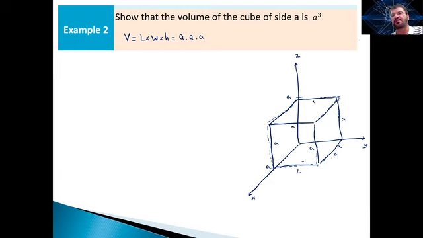This is, for example, the width, and this is the height. And you get what? You get A cubed. Let's prove this one using triple integral, guys. Triple integral says the volume is the triple integration of dV over D. D is this space that you see here. The box that you see, the cube that you see here.